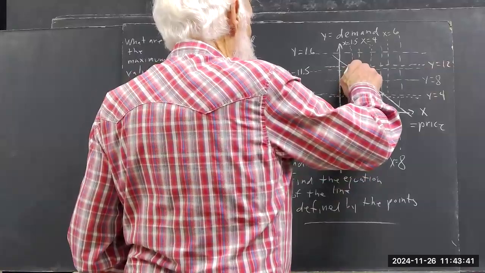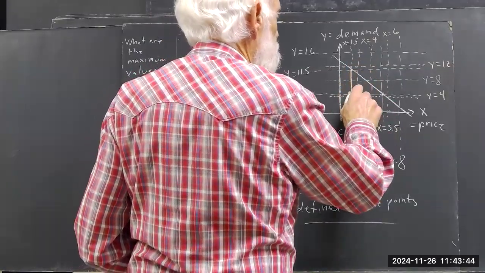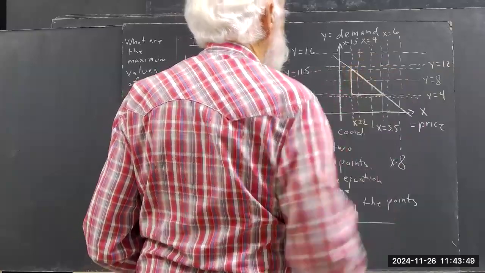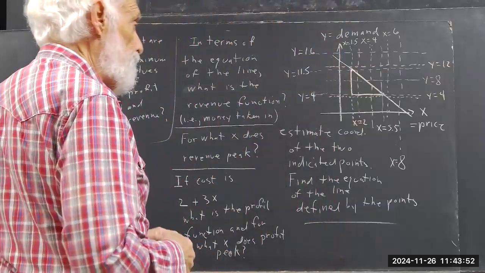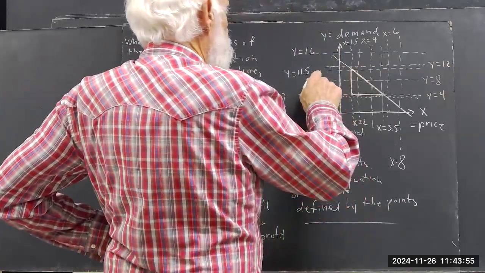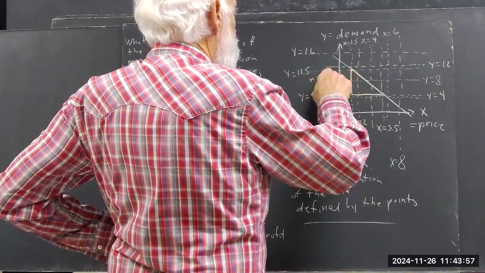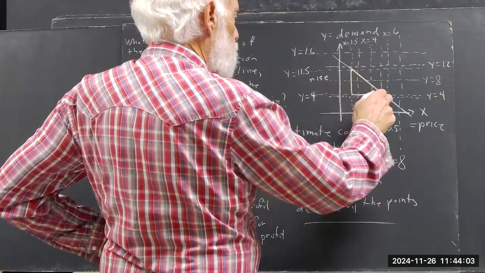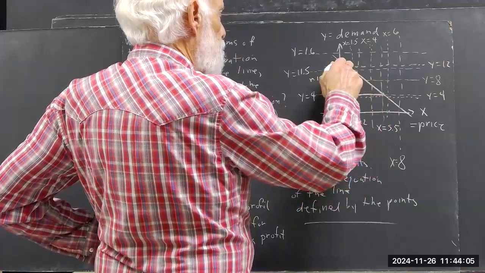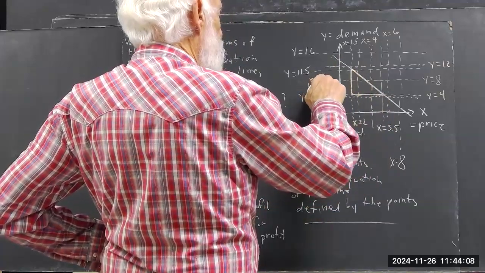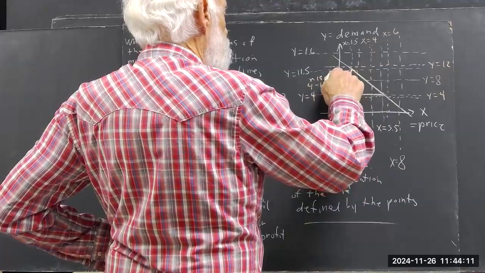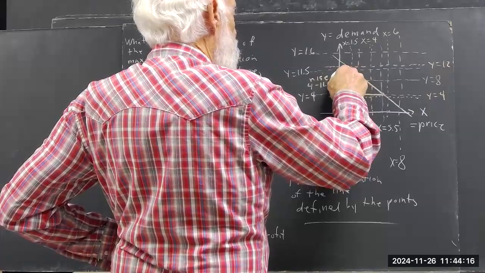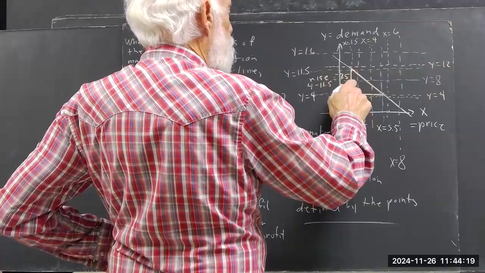So we construct a fundamental triangle. At least if you're in my class, you better be able to construct a fundamental triangle. And we get the rise and the run. So the rise is where we end up at y equals 4, minus where we started at y equals 11.5. That becomes negative 7.5.